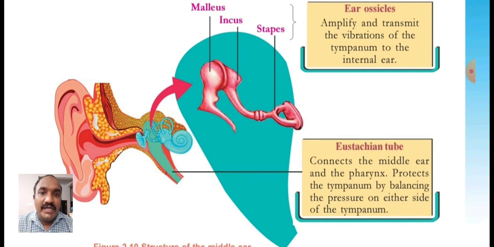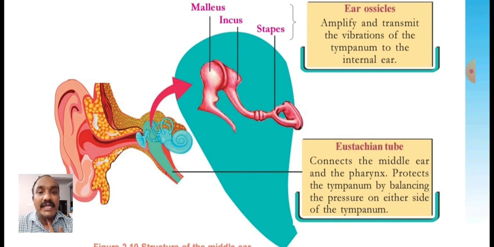So when air presses the tympanum after entering through the ear pinna, the pressure will be different on the outer side and the inner side. This air pressure is kept balanced by the action of the Eustachian tube. So two functions: connecting the middle ear and pharynx, and balancing the pressure.